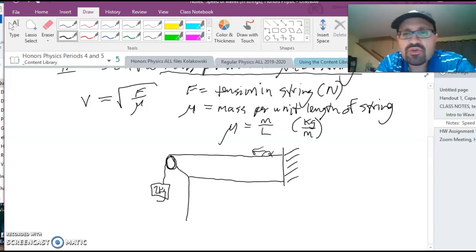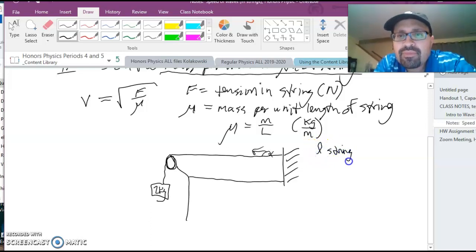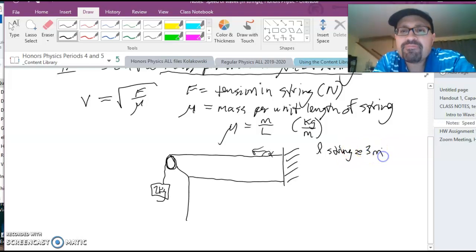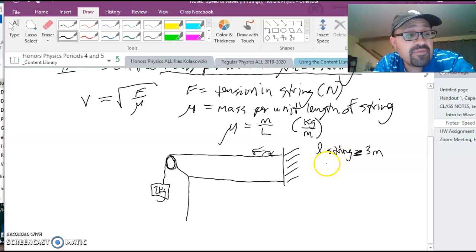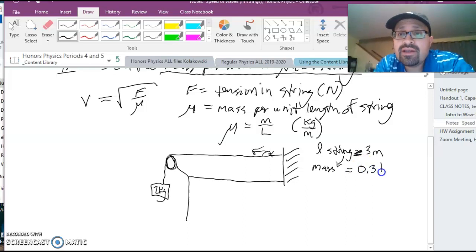Okay, so let's write down a few things we know about the string. Let's say the length of the string is measured to be 3 meters. And let's say that the mass, so you take the string itself and you put it on a scale, and the mass of the string is 0.3 kilograms.